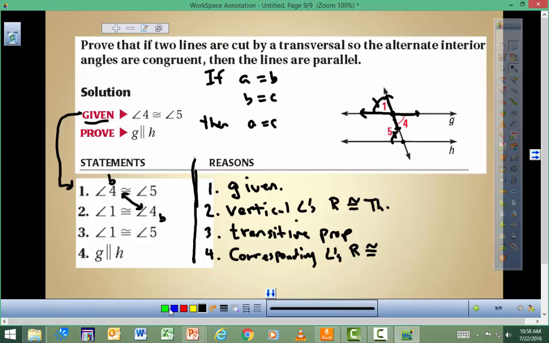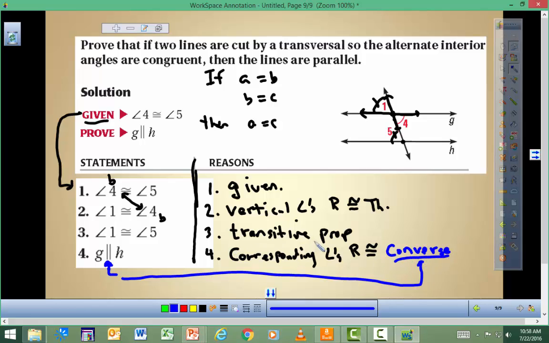Now remember, there's a word that we have to have with this: the converse. These converses are the ones that give you the parallel lines. So if you're trying to prove lines are parallel, like we did just now, you're definitely going to want to include this word converse in your description. We just showed that the corresponding angles are congruent. Since we did that, we can now honestly say that those lines are parallel.